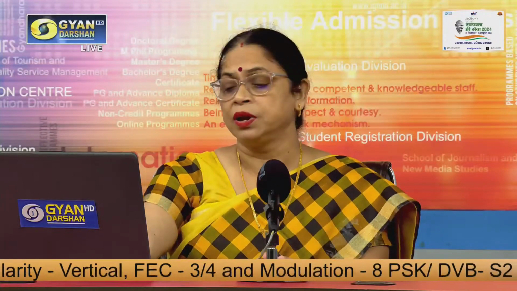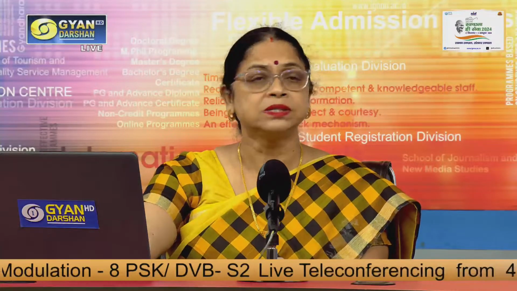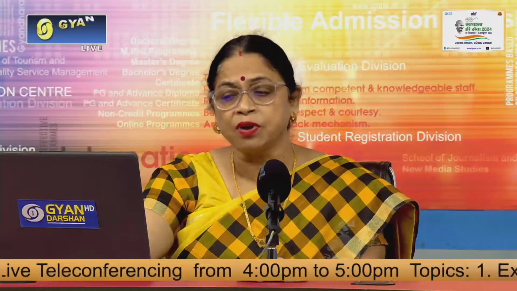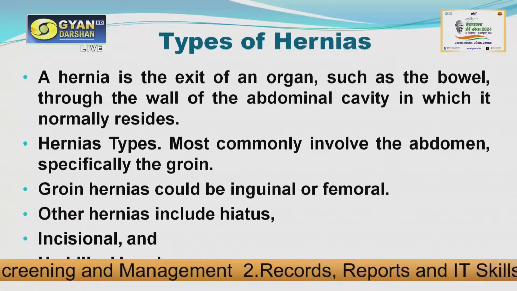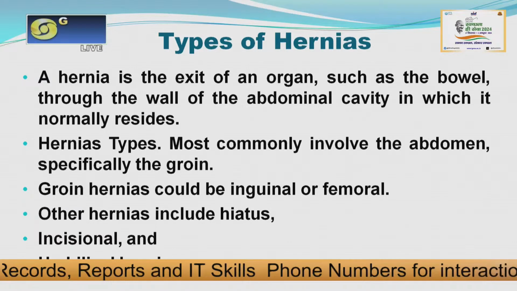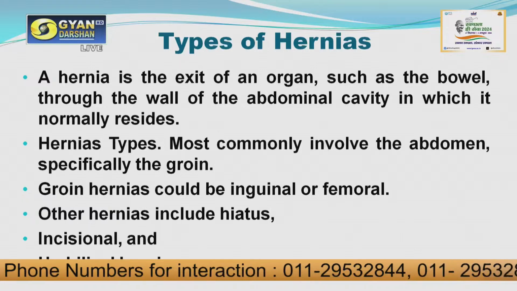So here also it is important to take the history of the patient, because the patient has come with the complaint in the abdominal region. So you have to ensure whether the patient was having these complaints, so that you can ascertain the underlying cause of hernia. So hernia is the exit of an organ, it can be at the bowel site, through the walls of the abdominal cavity in which it normally resides.